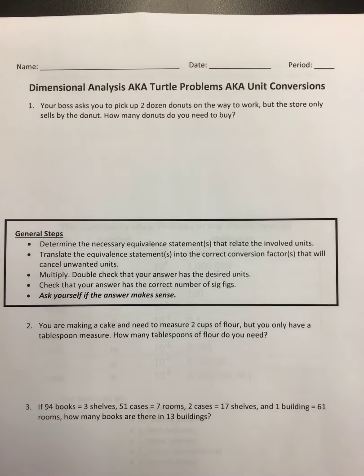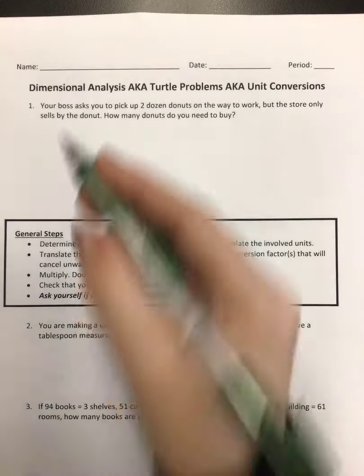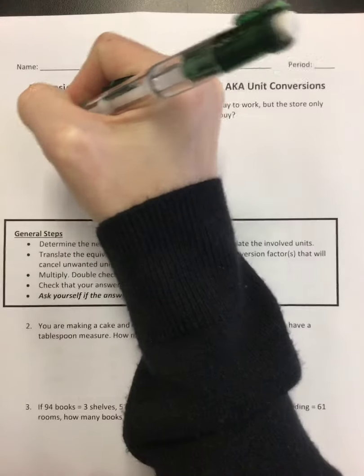So we are starting with 2 dozen donuts, and we want to end up with just plain donuts in the end. Do you know any facts about how to convert dozen donuts to donuts? Do you know how many donuts are in a dozen? Yeah, you do. You know that connecting relationship.